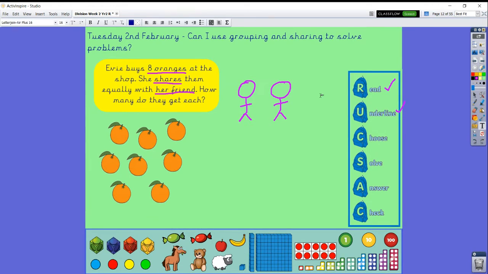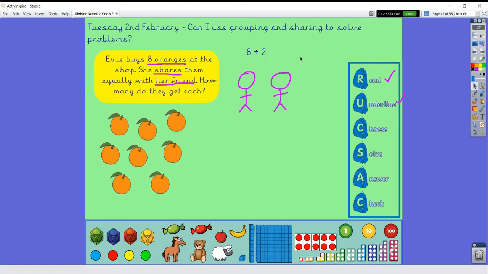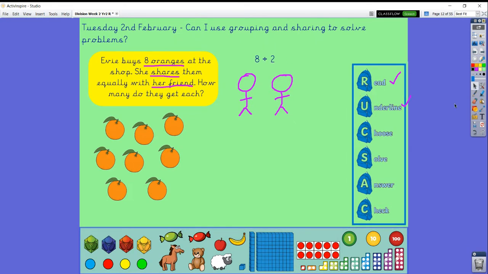What am I going to choose to do? So I'm going to be doing 8, it's a bit tricky to find my divide sign, shared between 2 people. Now let's remember, we've chosen what to do. Now how do I work that out?